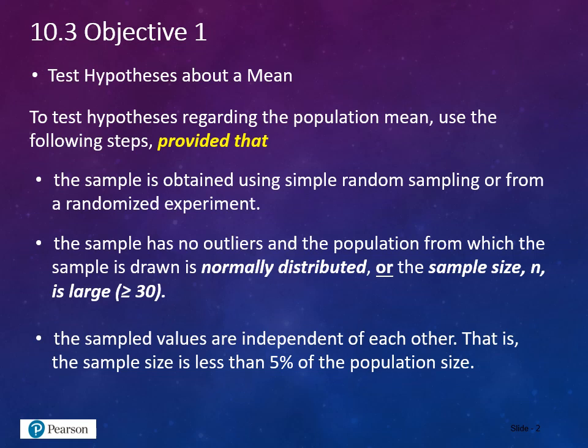And if that's not the case, we have to use a large sample size, which means greater than or equal to at least 30 observations. And the sample values are independent of each other. That is, the sample size is less than 5% of the population size, again, which we've been doing for quite a while.